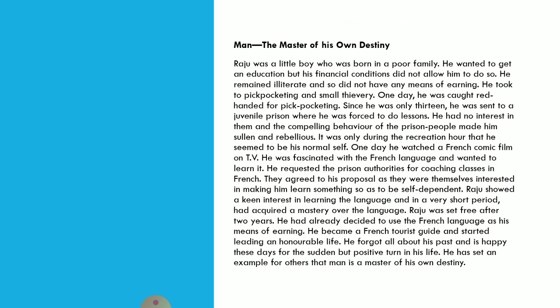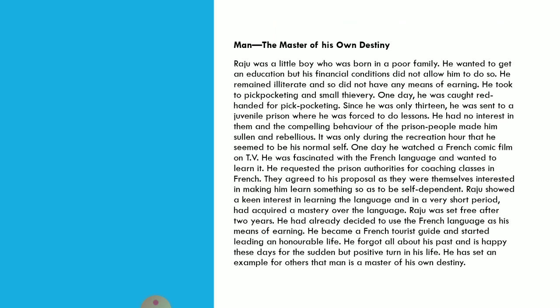They agreed to his proposal as they were themselves interested in making him learn something so as to be self dependent. Raju showed a keen interest in learning the language and in a very short period had acquired a mastery over the language. Raju was set free after 2 years.